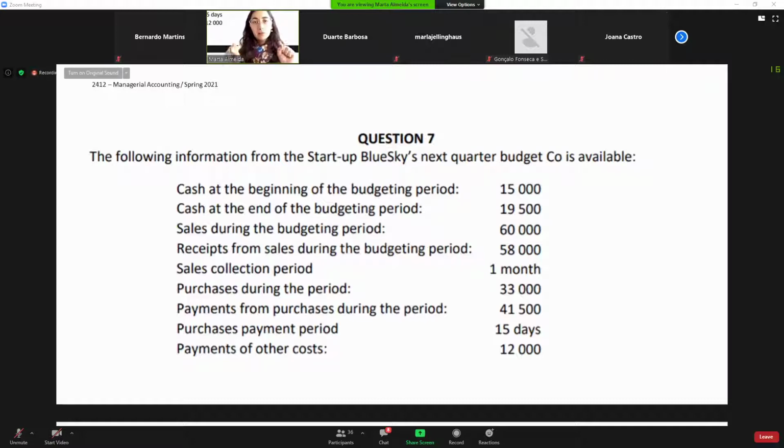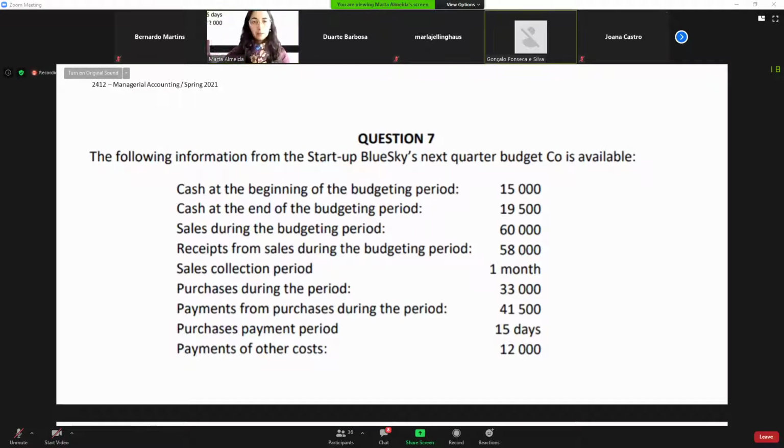During these 3 months, they will receive the amount that the clients were owing the company at the beginning of the period, which is the receivables at the beginning of the period, and will receive the sales that they made during the period. Because there is a sales collection period of 1 month, it means that they will receive only 2 months, because the last month of sales they will only receive the following month, which is outside of this quarter.